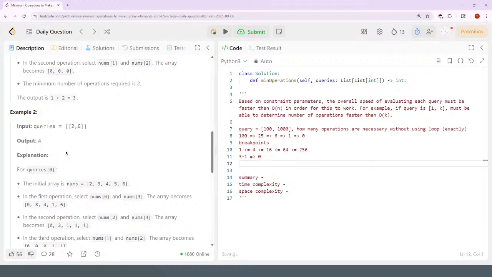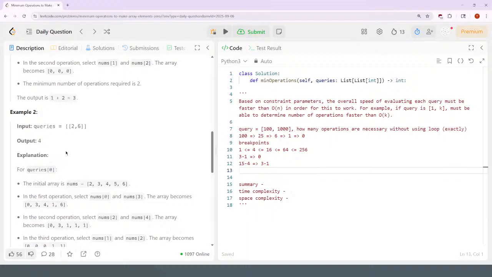So 15 through 4 goes to 3 through 1, which eventually goes to 0. So 4 takes 2 operations to go to 0, and 15 takes 2 operations to go to 0.